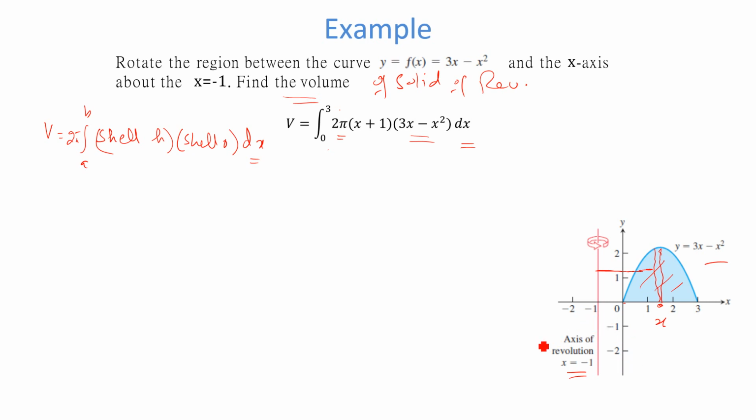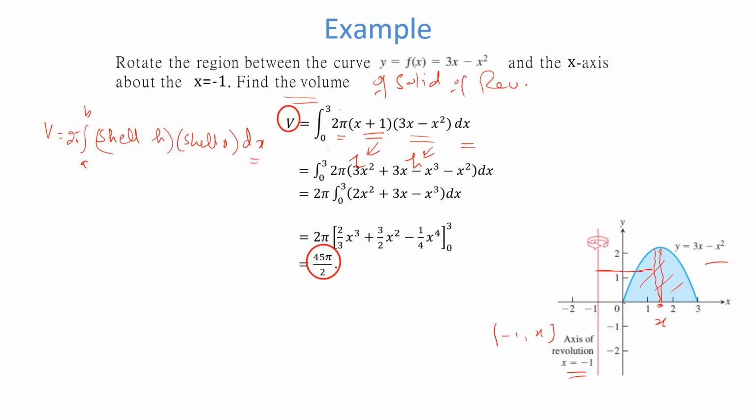So we have the interval from minus 1 to x, and we have to find the length of the interval, which is the radius. So the radius is x plus 1. This is r, and this is h. The rest you know very well how to solve. You just have to evaluate the integral, and you have the volume, which is 45 pi by 2.